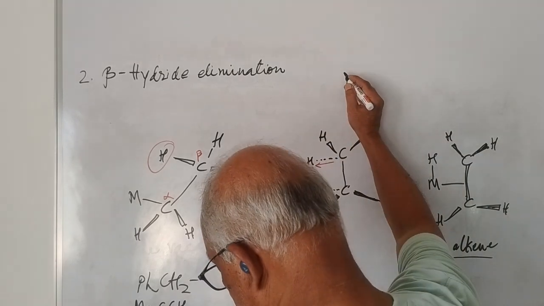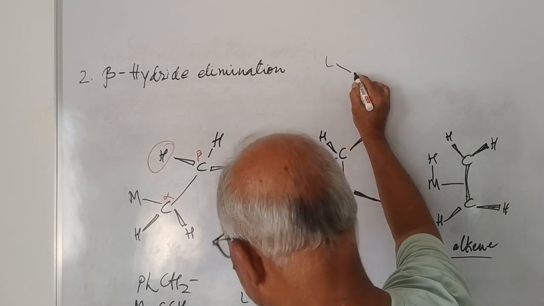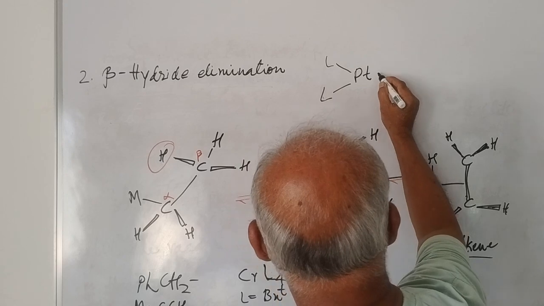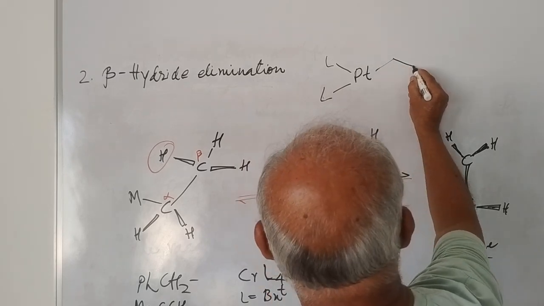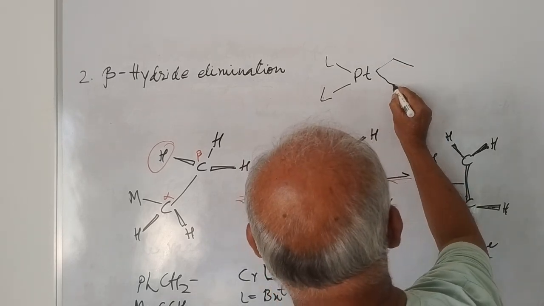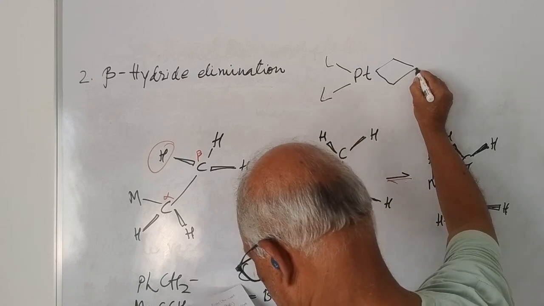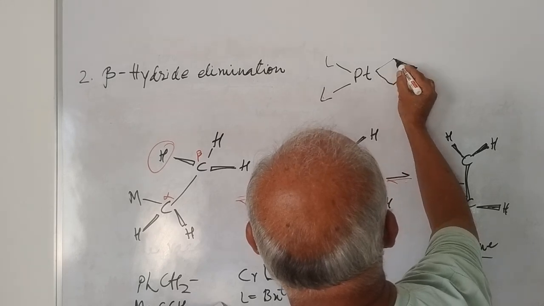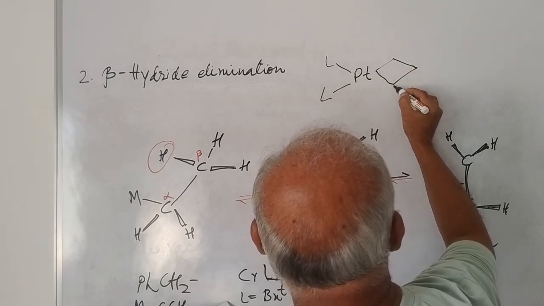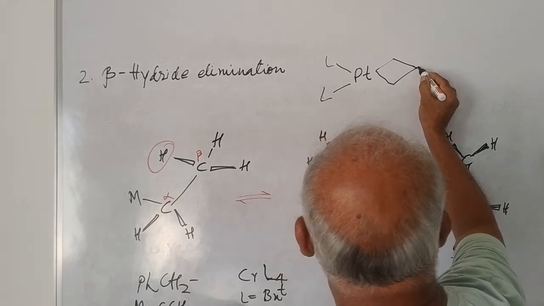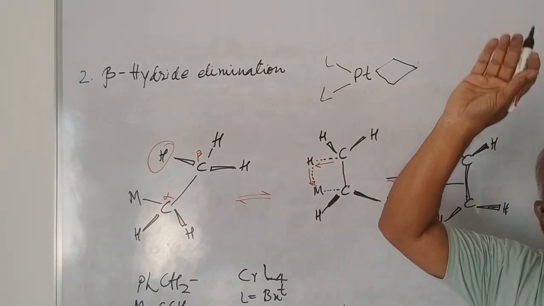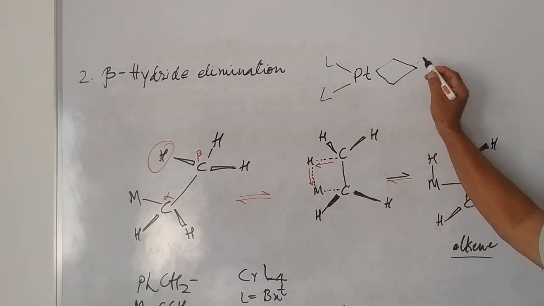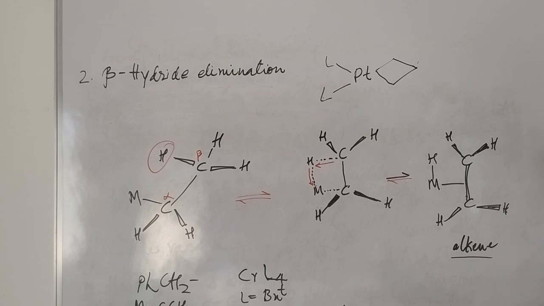For example, if we see this is the ligand, and it is the complex of platinum, here with respect to this, this is alpha and beta. So this beta carbon has hydrogens far away from this platinum, so it cannot form the beta elimination product.